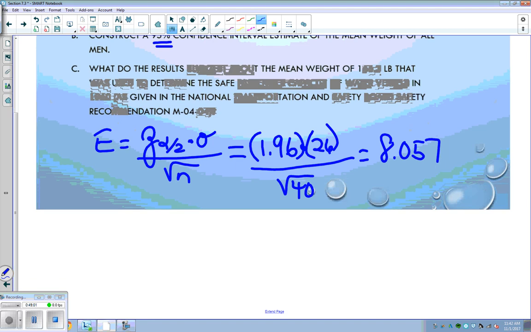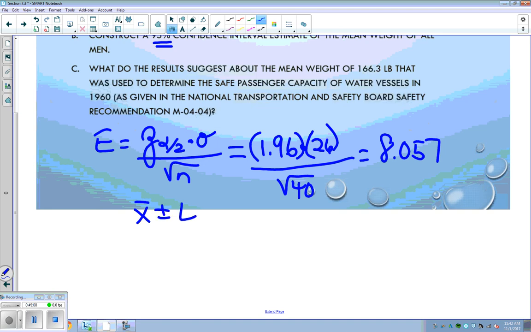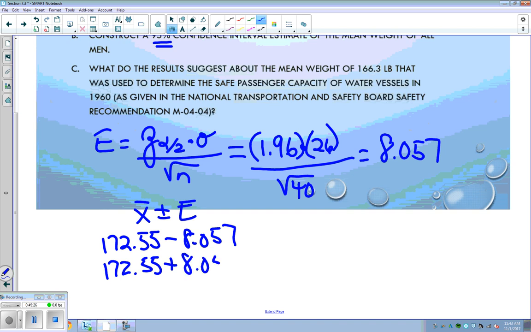Now I am ready to construct that interval. So I'm going to have my mean plus or minus the margin of error, correct? My mean was 172.55 pounds. I'm going to subtract 8.057. Then I'm going to take my mean, 172.55, and add my margin of error of 8.057 pounds.